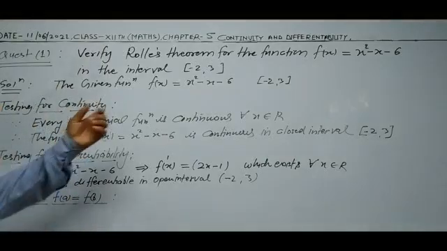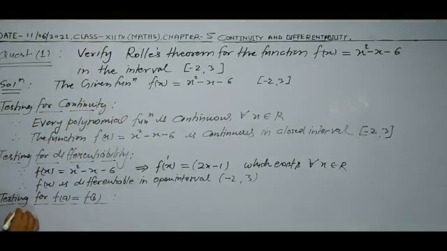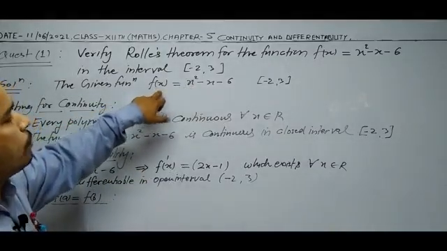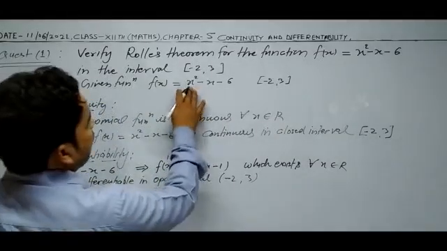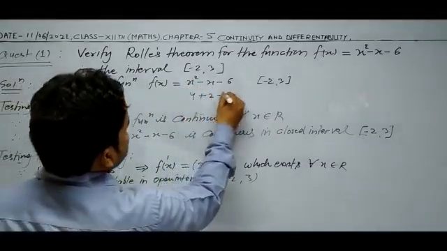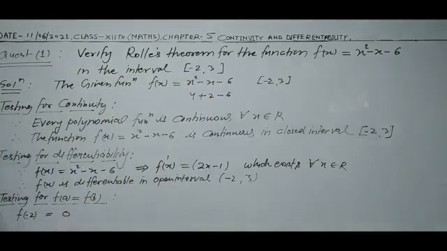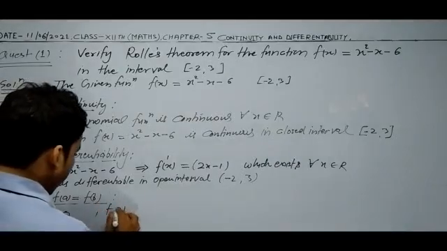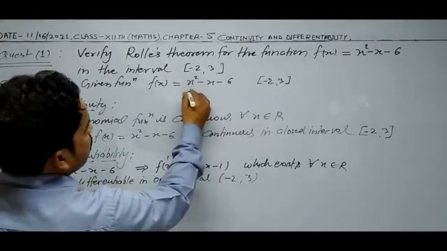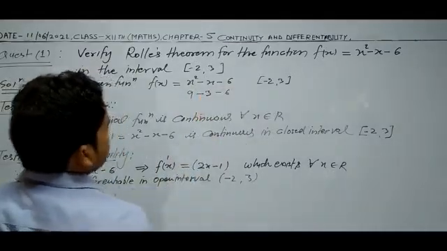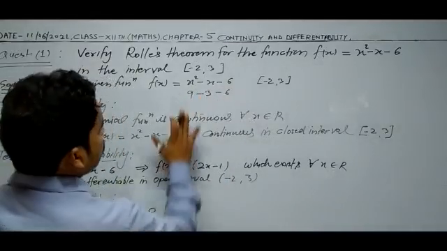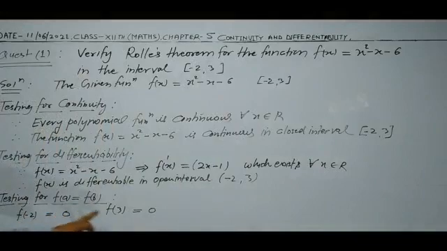First of all find f(−2). Putting x = −2, we get 4 + 2 − 6, and the whole result is 0. So f(−2) is 0. Now calculate f(3). Putting x = 3, we get 9 − 3 − 6, and the whole result is 0. So f(−2) = f(3).